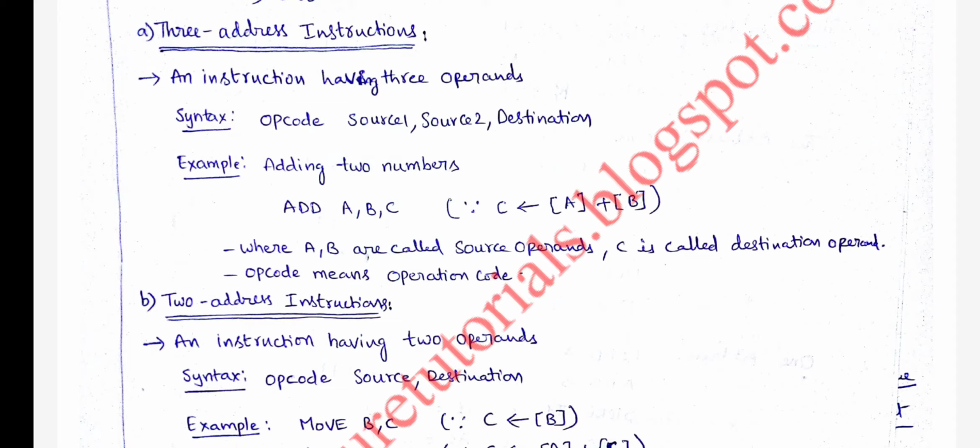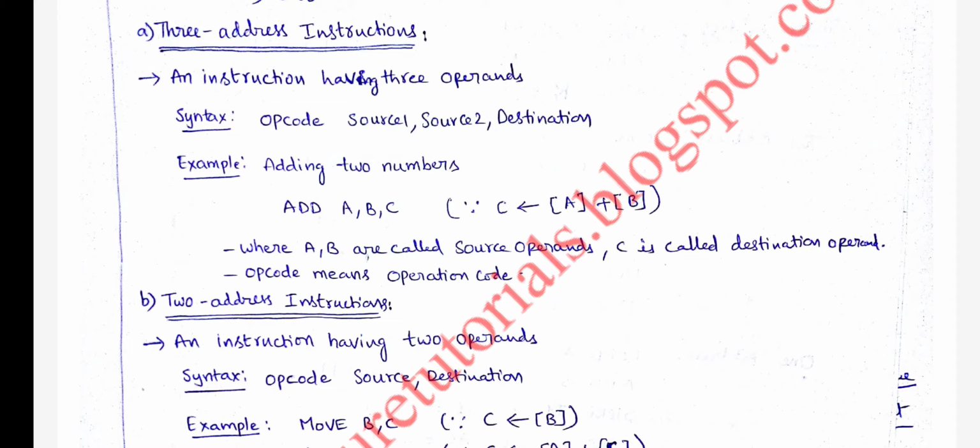The syntax of a three address instruction format is opcode, we call it operational code, opcode, source 1, source 2, and a destination. Opcode means operational code, which is nothing but the operation which we perform on those operands, right? The operation which is going to be performed on those operands is called opcode.